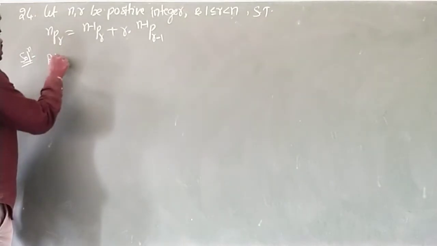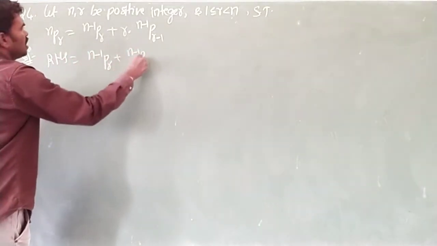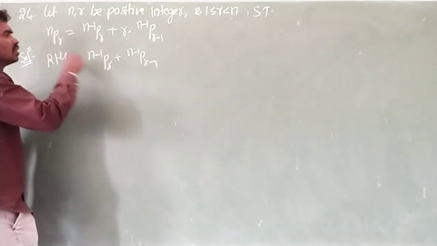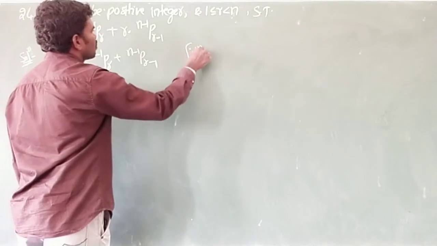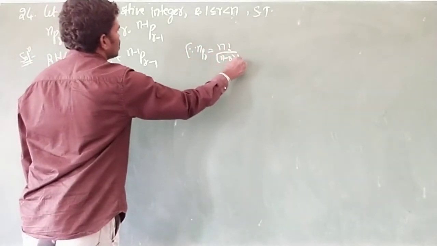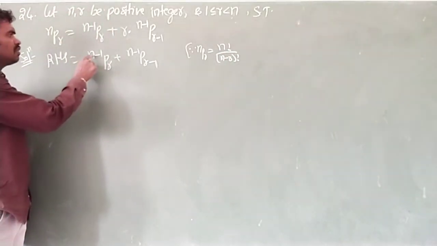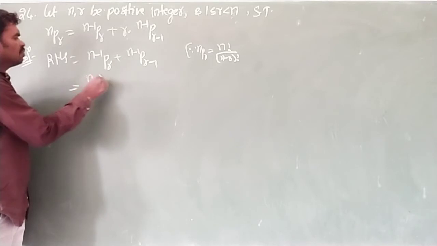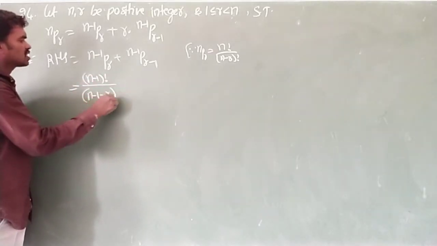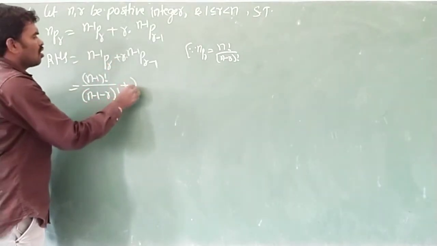So take the RHS. What is the RHS? (n-1)Pr plus r(n-1)P(r-1). Actually, what is the nPr formula? For the LHS term, what is the nPr formula? n factorial by (n-r) factorial. This is permutations. So here nPr means n factorial, meaning (n-1) factorial by (n-r) factorial, meaning (n-1-r) factorial, plus r into the same.